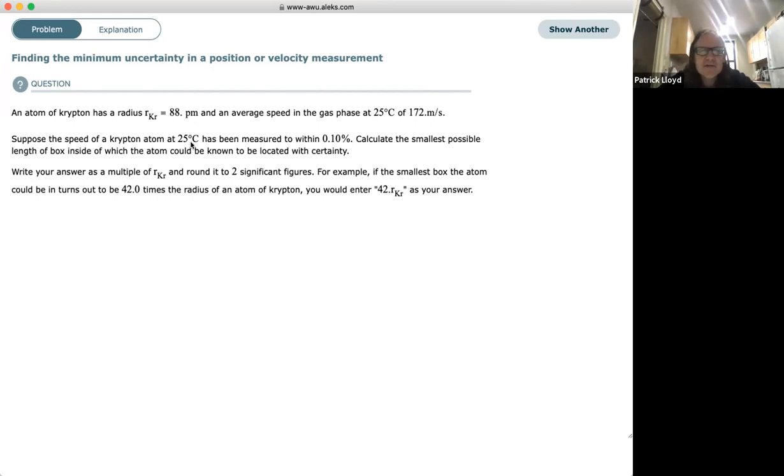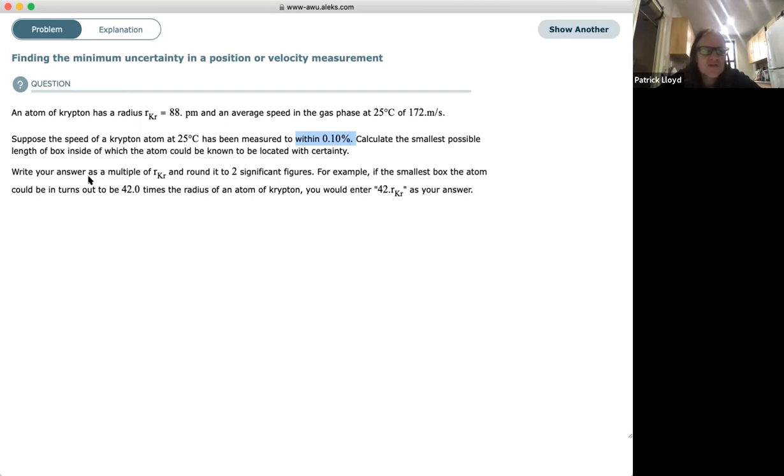Suppose the speed of the atom at 25 has been measured to within 0.10%. Okay, so there's the key. That's telling you the uncertainty in the velocity. The speed is velocity, within some percentage. 1% of 100 is 1, 1% of 10 is 0.1. So that's essentially telling you as a percentage what the uncertainty in the velocity is.